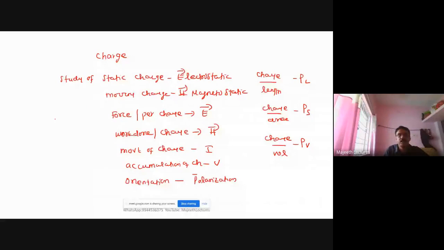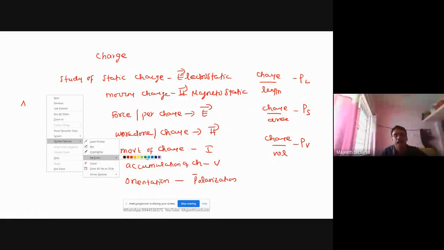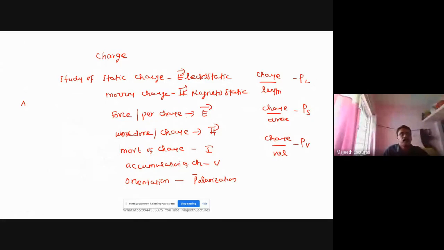And in electromagnetics, we have to remember the notation also. We have A to Z. Let us see what is A. I write with a different color. A is, just now only I told, vector magnetic potential.